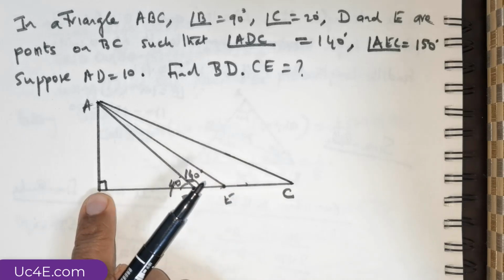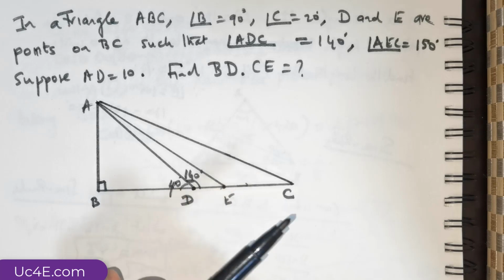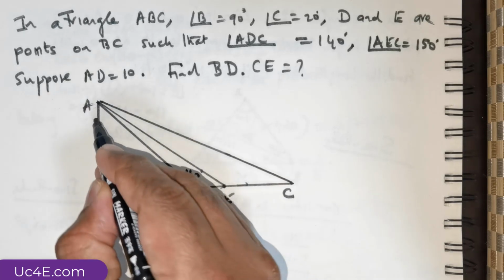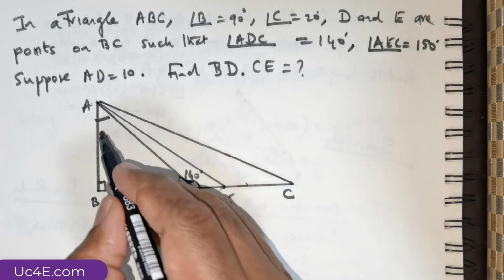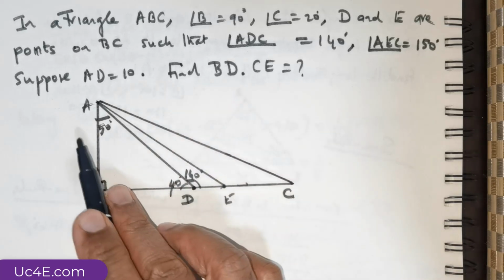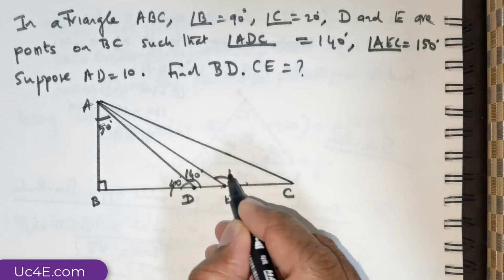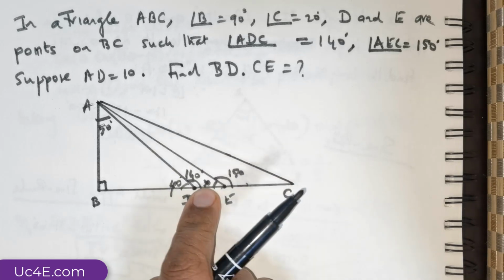If this is 40, this is 90. 90 added to 40 would give me 130. And sum of the angle is 180. So if these two are adding up to give me 130, this is going to be 50. And then I've got AEC is 150. If this is 150, this is going to be 30. That's 30 there.